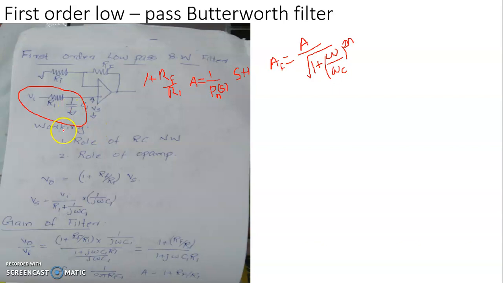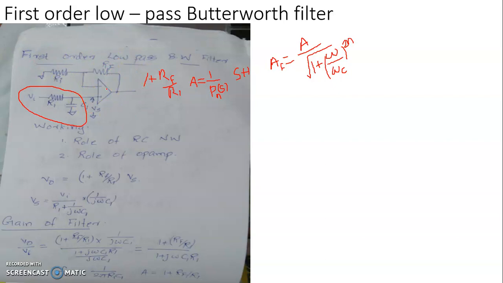Now let's consider the working of this filter. As I have already told you, there are two different components in this active filter. The passive filtering unit, that is this RC network, being designated as a pole having a characteristic corner frequency 1 by 2 pi R1C1, and the part that will be offering the active modification for the signal being filtered by this RC network, that is this operational amplifier in non-inverting amplifier configuration.